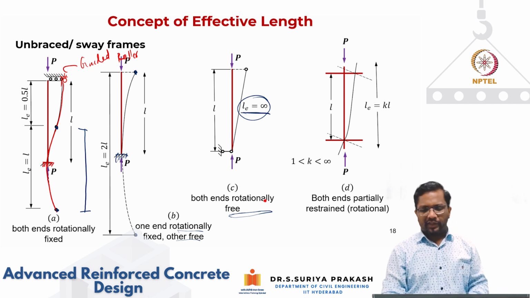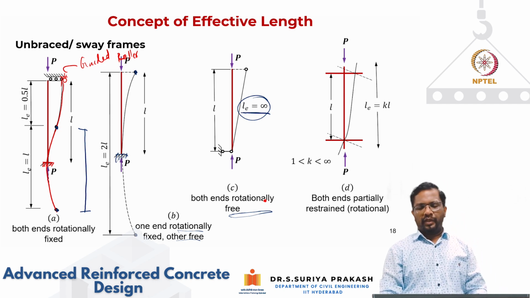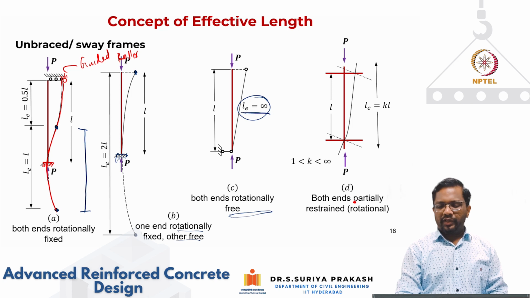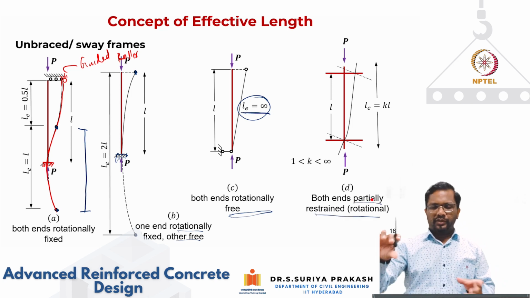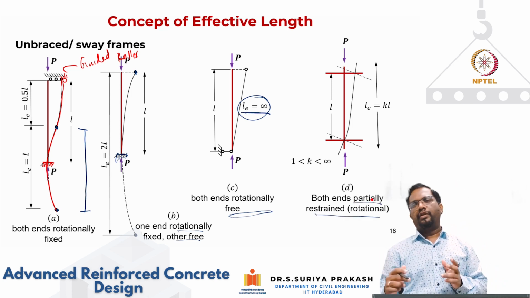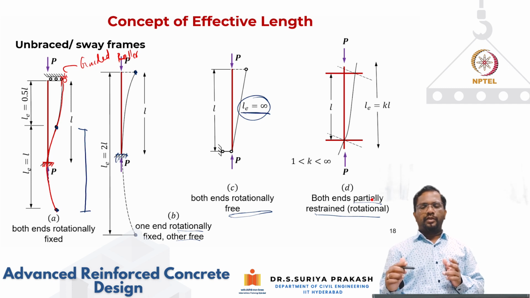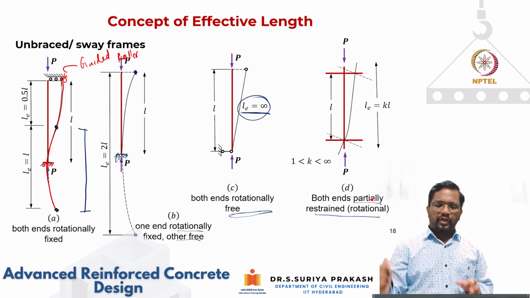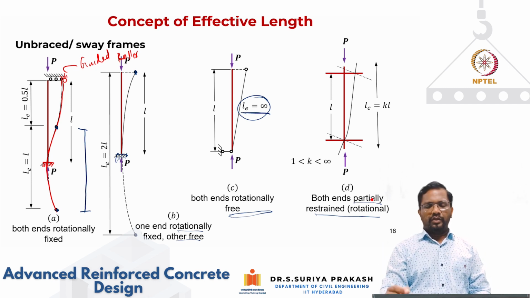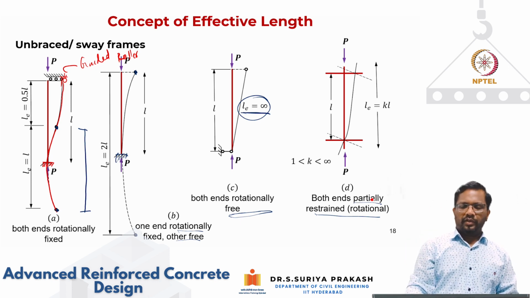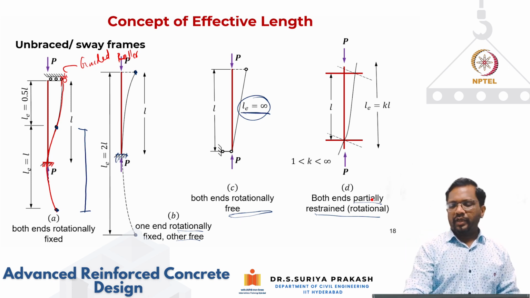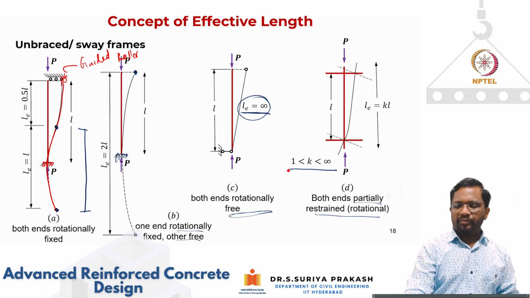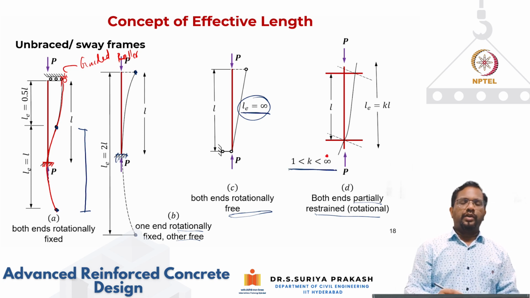Now, the last case is a more practical case where both the ends are partially restrained for rotation. So that means the rotation is allowed depending upon the fixity of the members that are coming in the joint. You will have some rotations, but then you will find that if you draw again the deformed configuration, the k values are going to be between 1 and infinity.